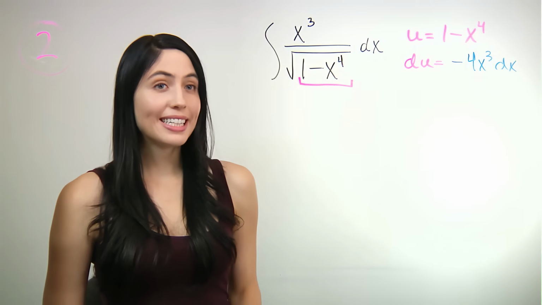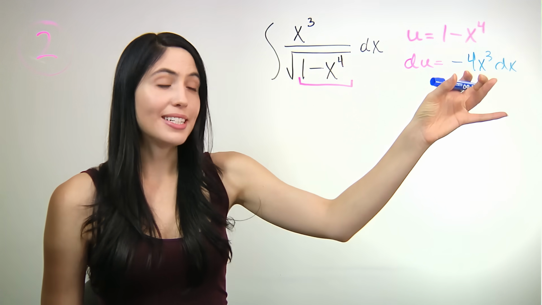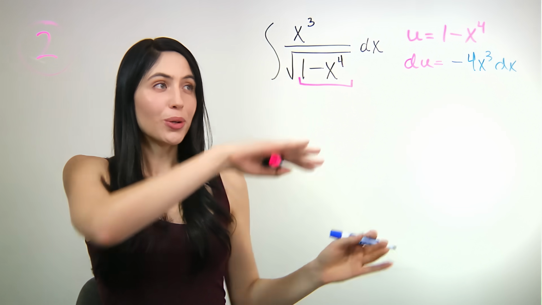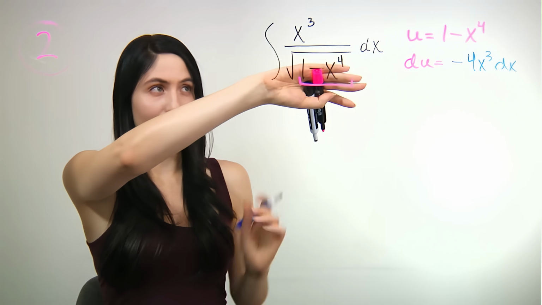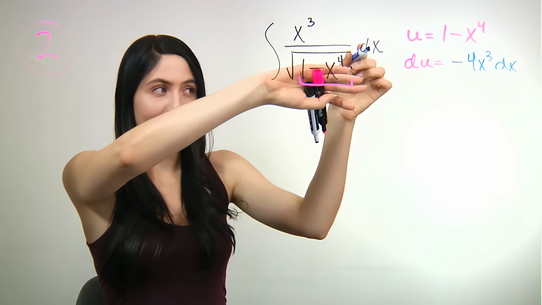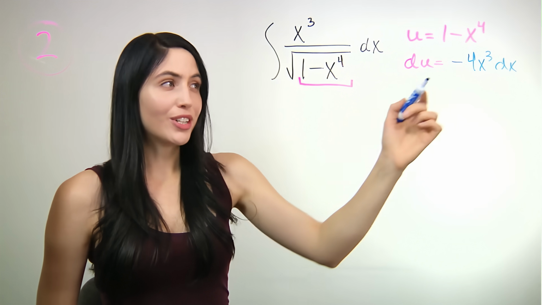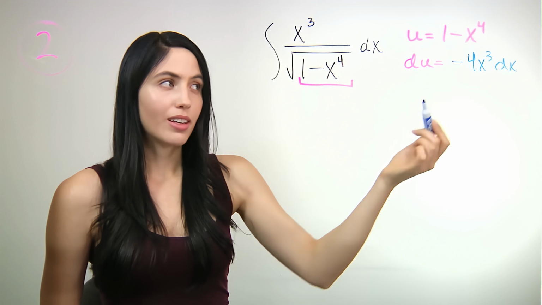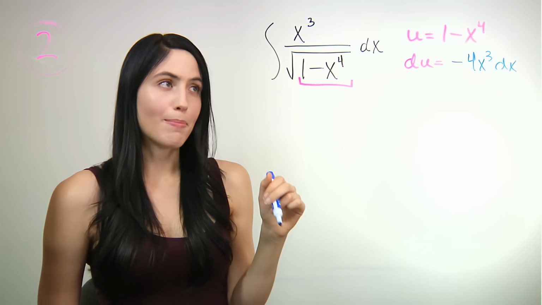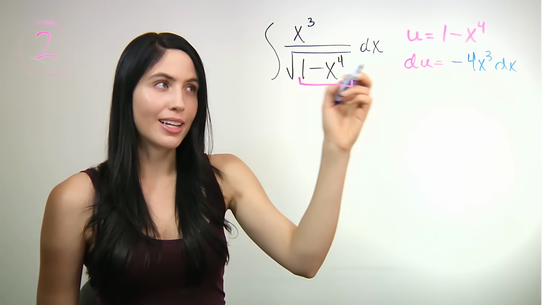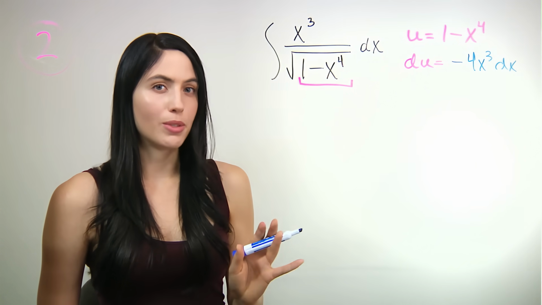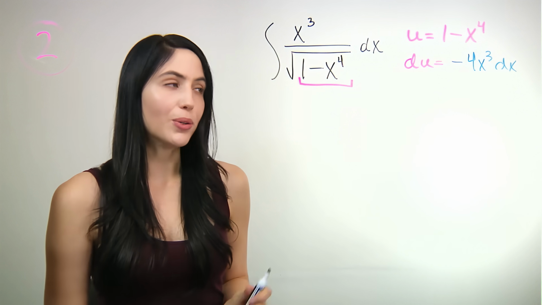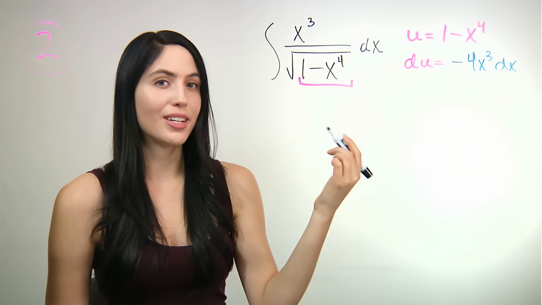Okay, ideally, in a perfect world, this du that you found would match exactly what you have left over in your integral, x cubed dx. Unfortunately, it doesn't. You have this -4 there that you don't want. Your job is to make it match up so that you can plug in here and get everything in terms of u and du. All you need to do is get rid of the number that you don't want.